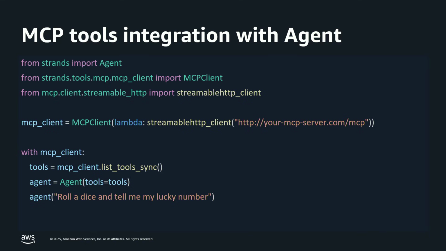Once you have the client initialized, just like any other code, this is still Python code as you can see. This line, list tools sync, basically gives you all the tools this MCP server provides. Typically, a server does not provide just one functionality. For example, if you talk to the GitHub MCP server, it doesn't just let you git clone.